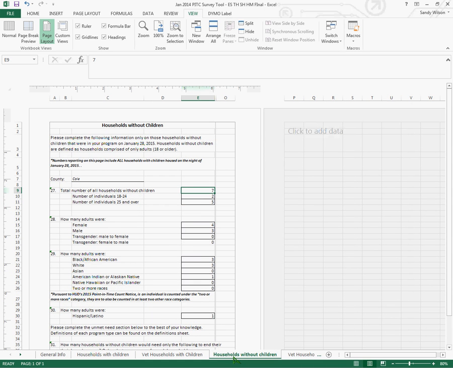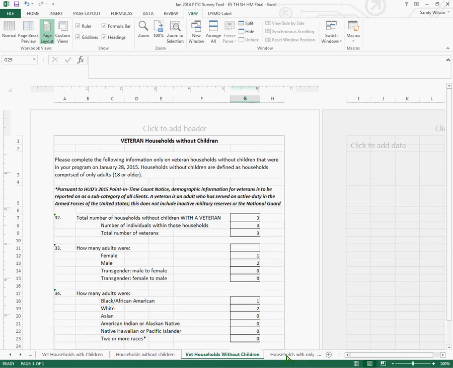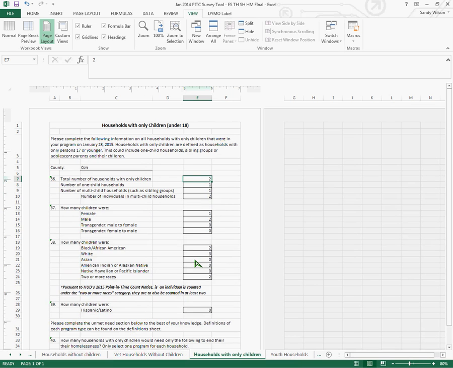We look at our households without children, and we realize that we have two households here presenting with individuals that are age 24 and younger. And then we look at our households with only children and realize that we have two households here presenting with individuals that are age 18 and younger.